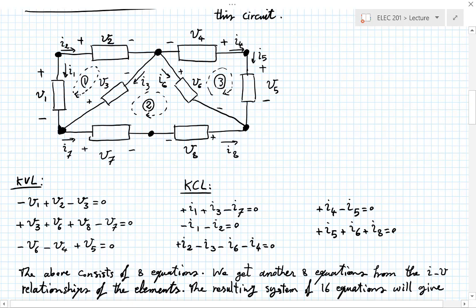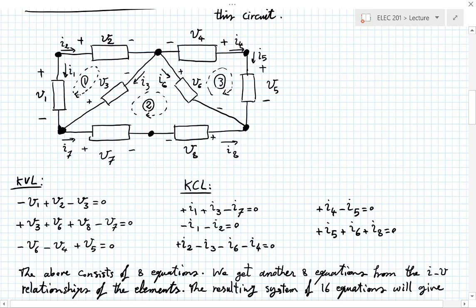It's maybe harder to tell by looking at it how many independent KVLs you have at the beginning, right? Now, I don't want to get into circuit topology too much and formulas about if you have such and such circuit graph, how many KVLs and KCLs and so on. I'd rather we get used to it with experience. But in simple terms, that's how you can think of it.